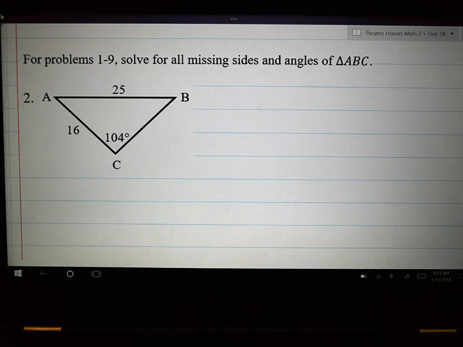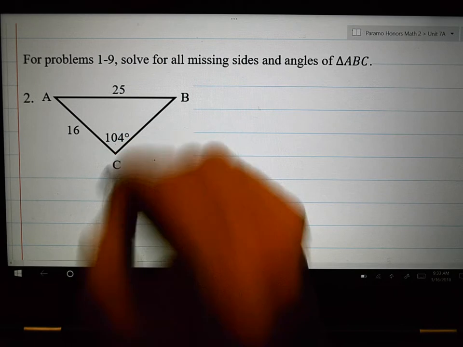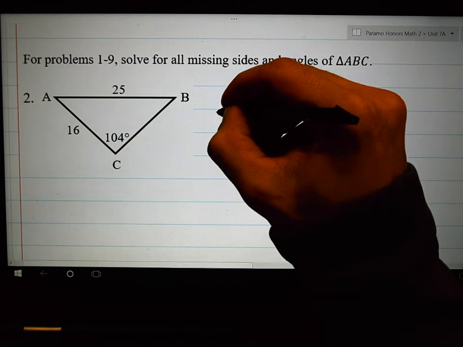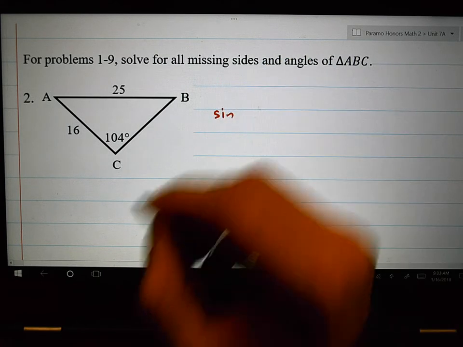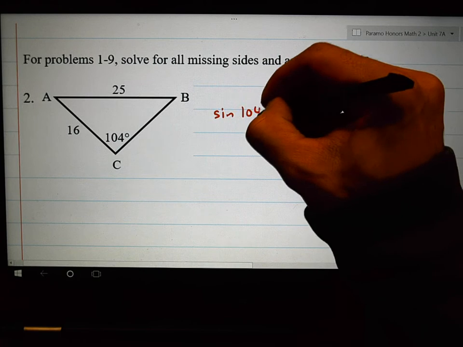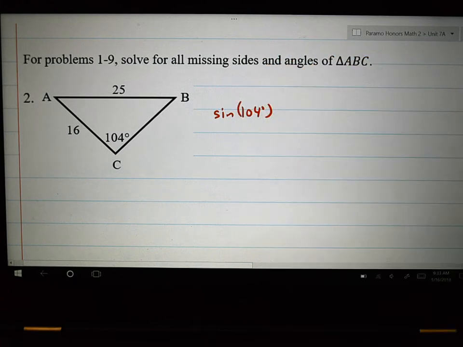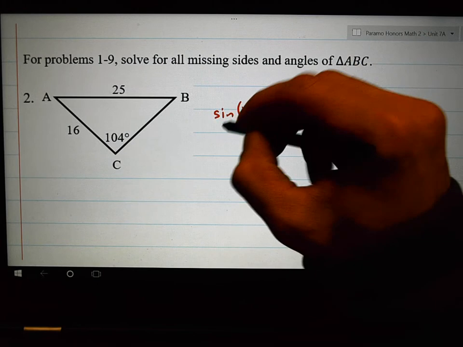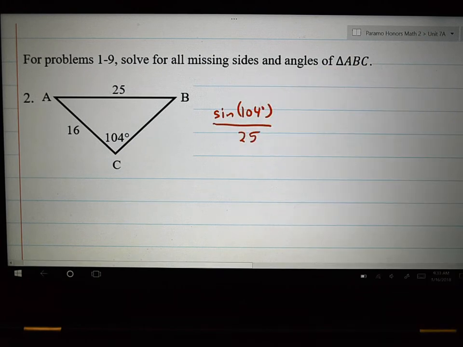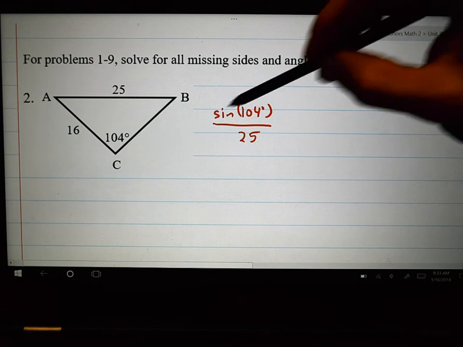How do we use the law of sines? We have an angle. We have angle C, and what's across from it. So the very first thing I'm going to do is use angle C. I'm going to use the sine of big C. And how many degrees is big C? It's 104 degrees. The sine of 104 degrees. And what is across from it? What's the side across from the angle that's 104 degrees? Good. That is something we know.